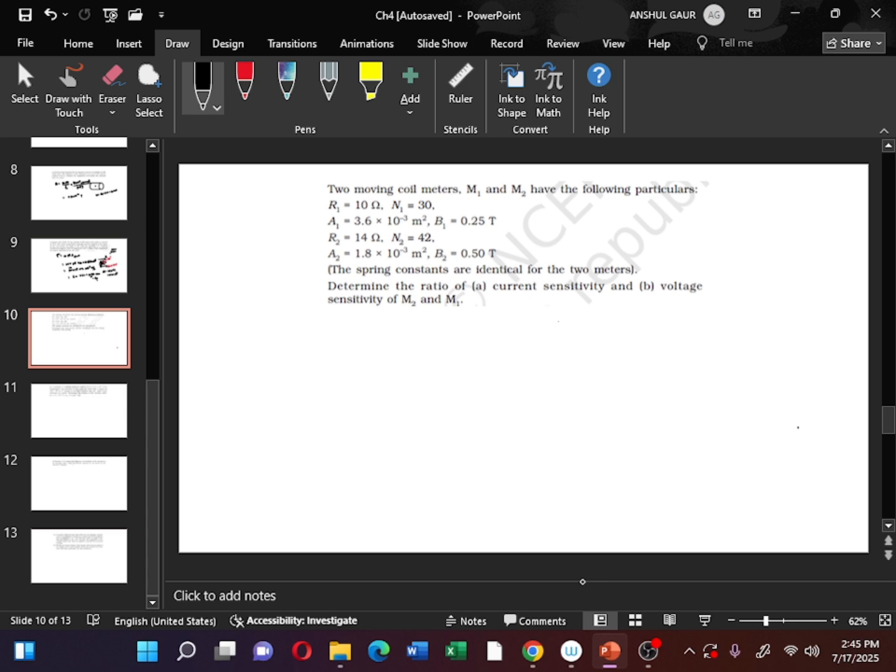The spring constants are identical for the 2 meters. Determine the ratio of part A current sensitivity and part B voltage sensitivity of M2 and M1.